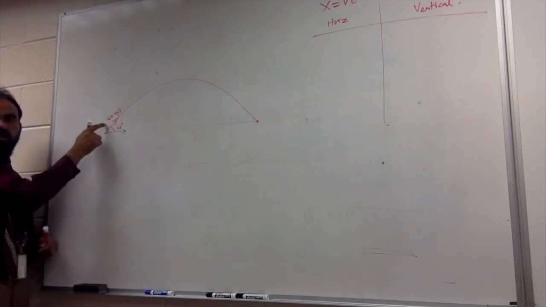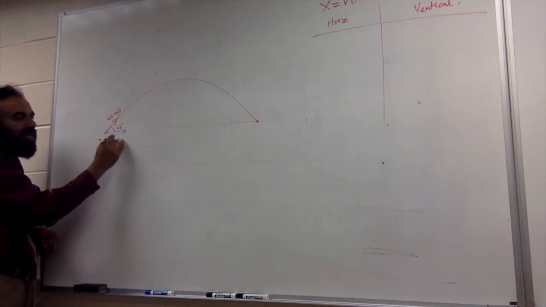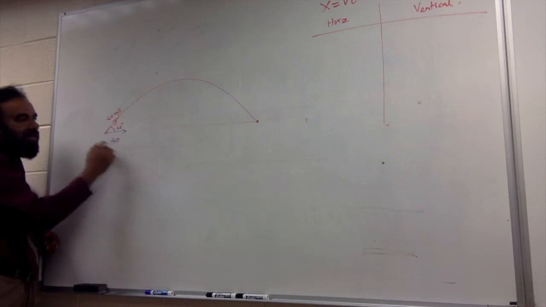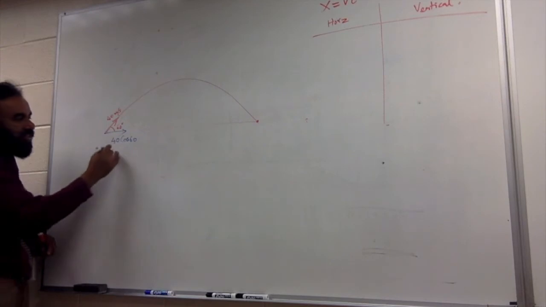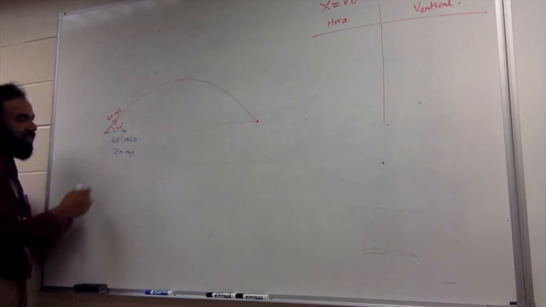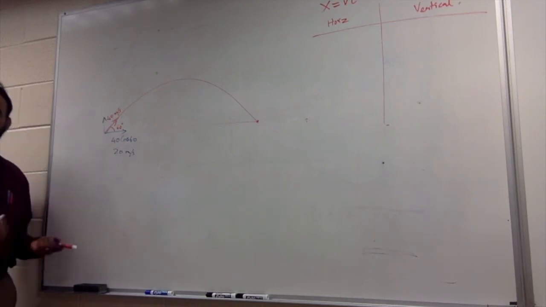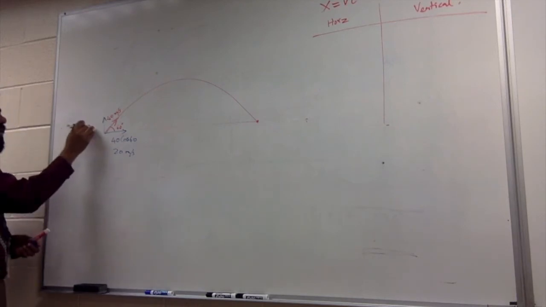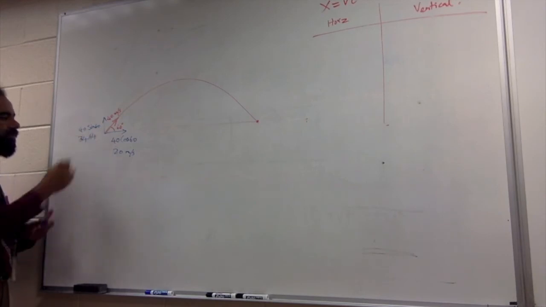Quick. 40 cosine 60, which is 20. And you want the vertical component, which is going this way. What is it? 40 sine 60, which is 34.64. Right?